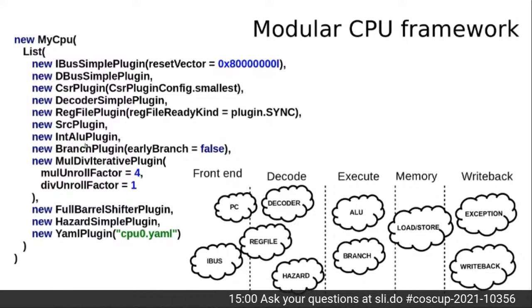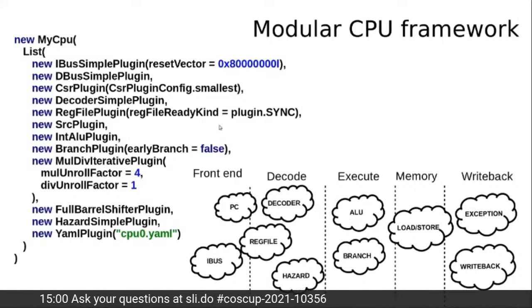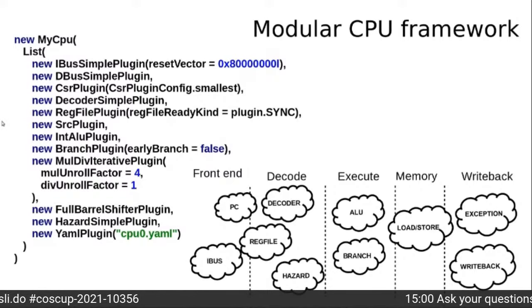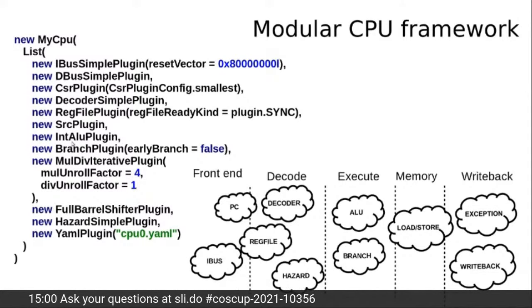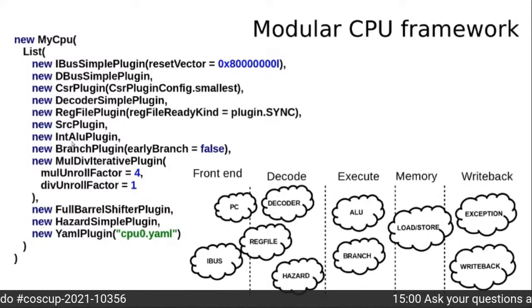Like you will have an int ALU plugin to define the ALU. You will have a decoder simple plugin to decode the instructions. So here we're not giving a parameter like should the ALU be 64-bit or 32-bit. We are providing as a parameter of the CPU directly the behavior. And we will see that in the next slide.